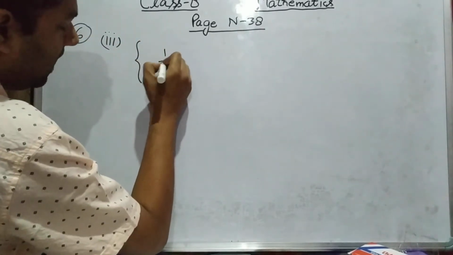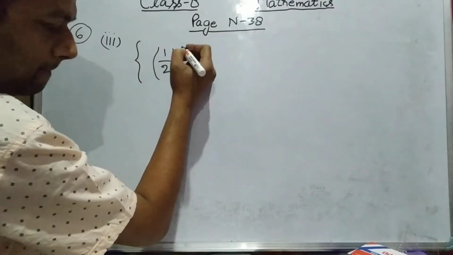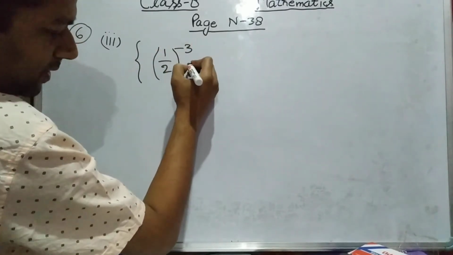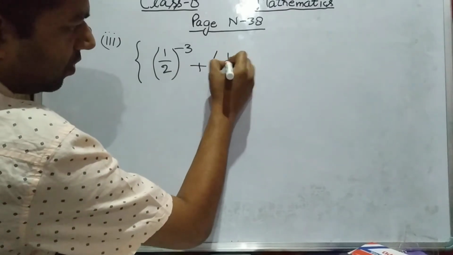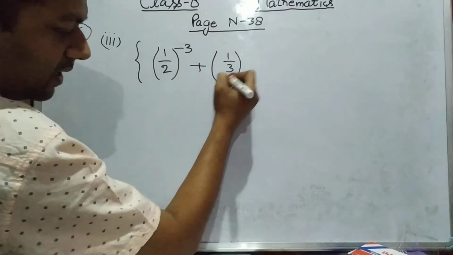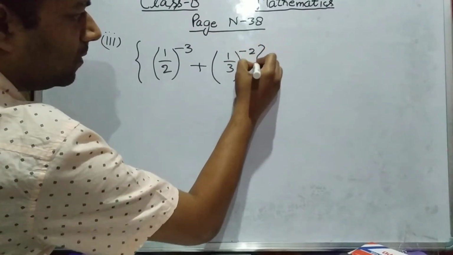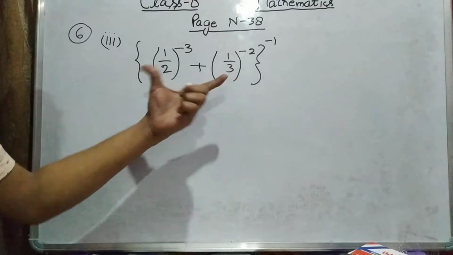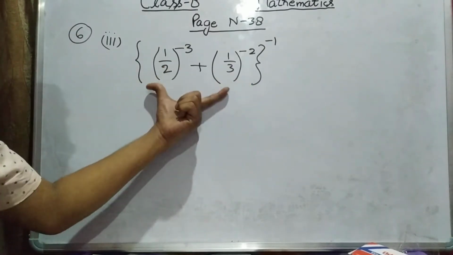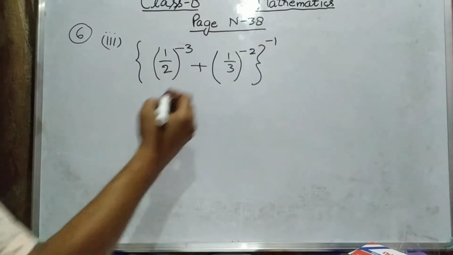Brackets are playing an important role here. While using the bracket, pay attention to how to solve the bracket, minus 2, and this power is for this curly bracket, the whole power minus 1.